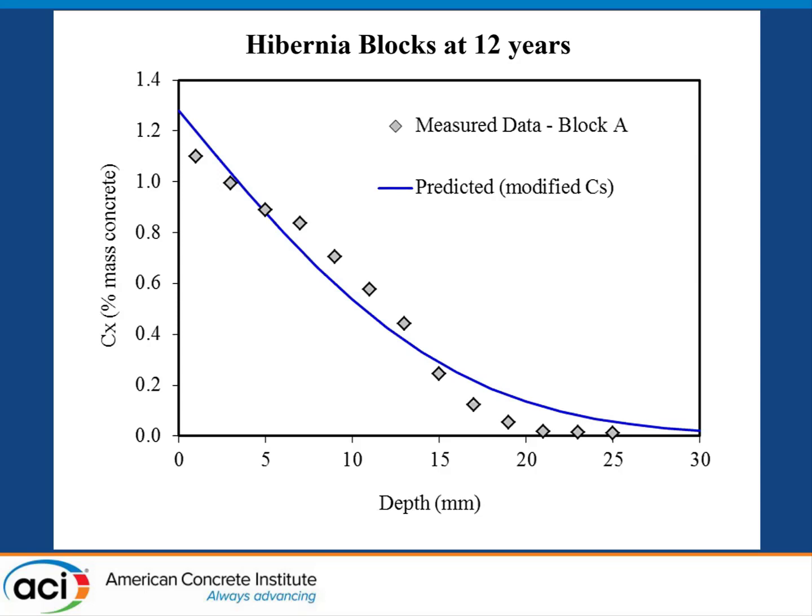But here, because of the lightweight aggregate and the increased porosity of the surface, we actually found that the chloride contents at the surface were higher. And this is the first time we actually had to adjust one of our input parameters based on the characteristics of a concrete, because porosity clearly affects the surface concentration. But still, we were able to get a very good fit once we made that modification.